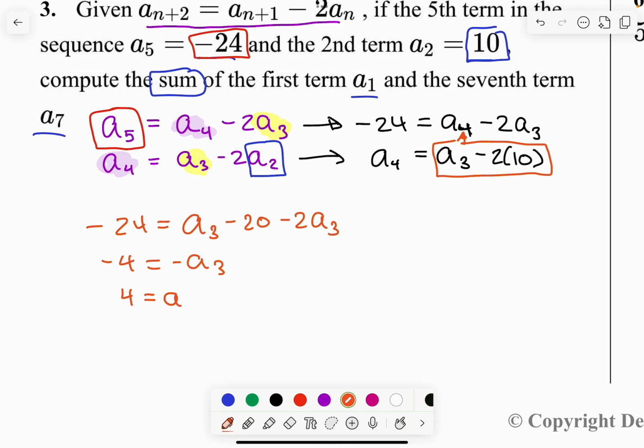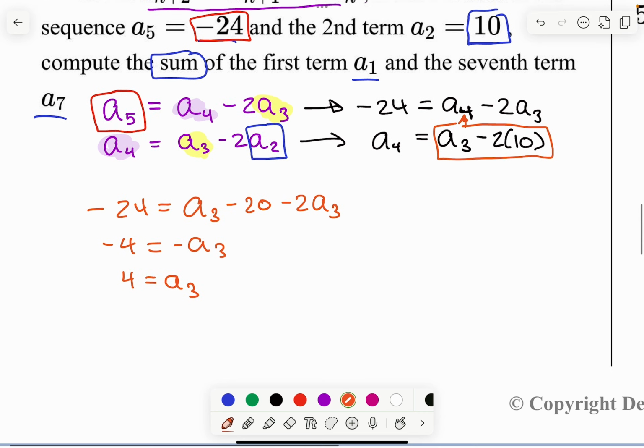So 4 is A3. All right, so now I got A3, but I can get A4 as well, because A4 is equal to A3 minus 2 times minus 20, right? So negative 16.